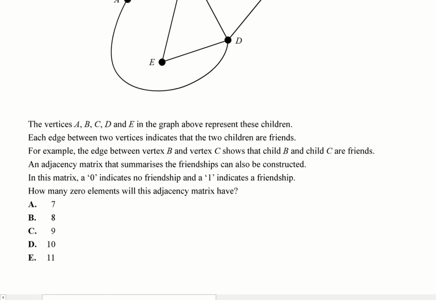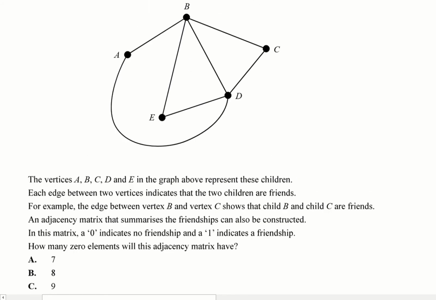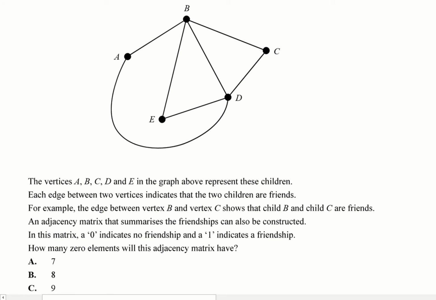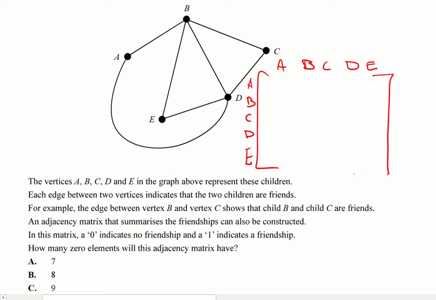How many 0 elements would this adjacency matrix have? So let's do this adjacency matrix and then we'll calculate the zeros. I'm going to put A, B, C, D, E across and A, B, C, D, E down.